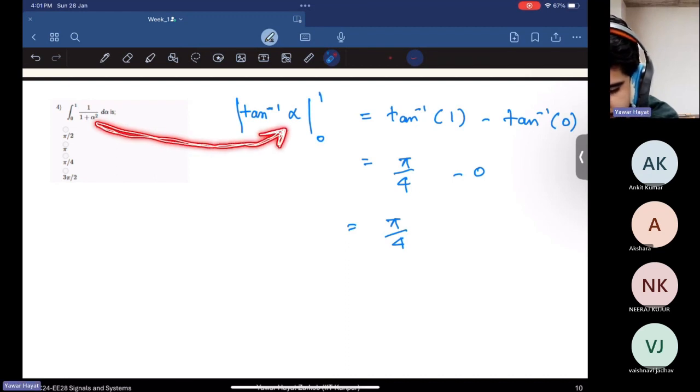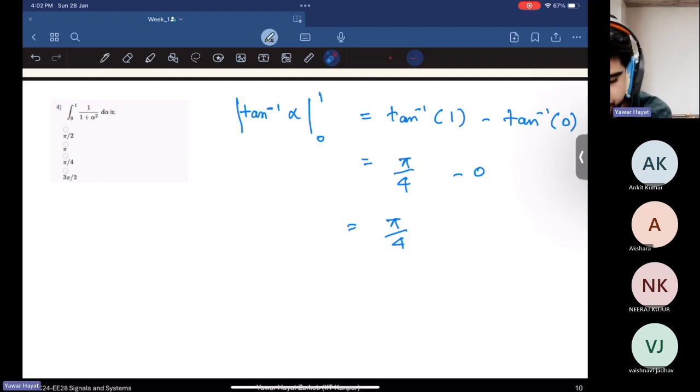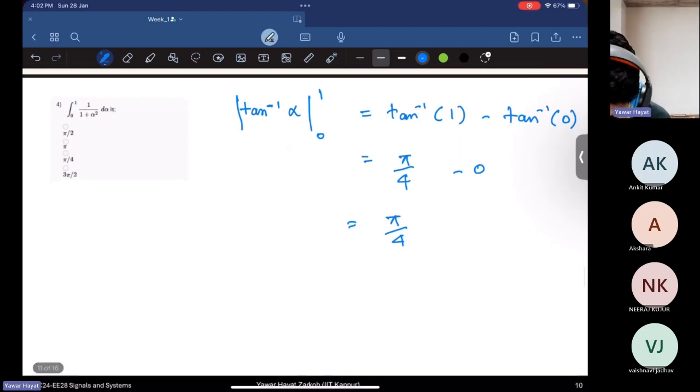The other way you could have done this is realizing that 1 plus alpha square... Okay, so if we use alpha equal to tan of theta, I'm using now a different approach.